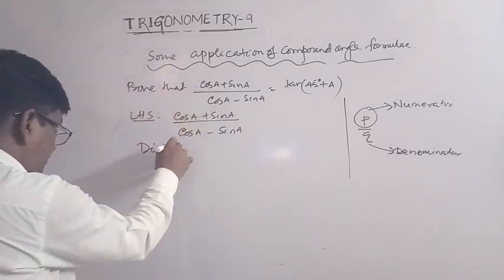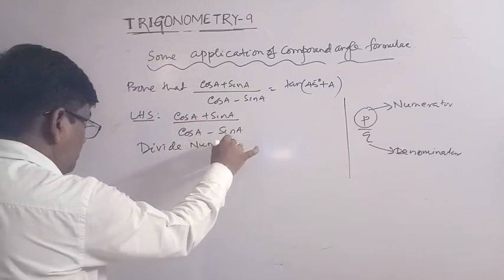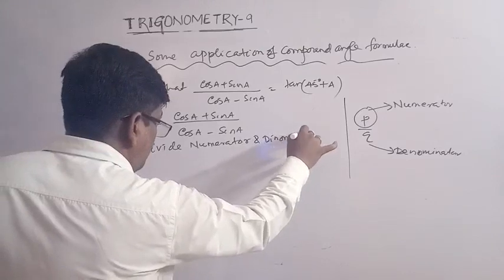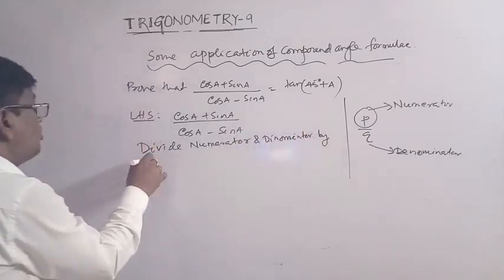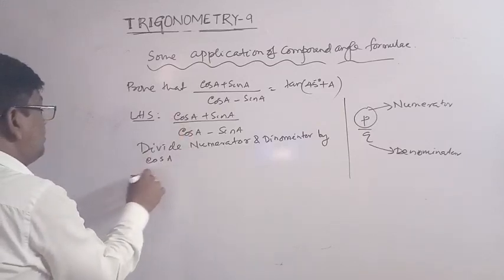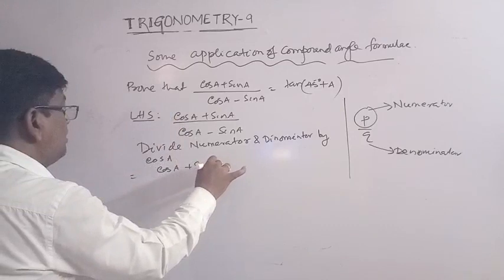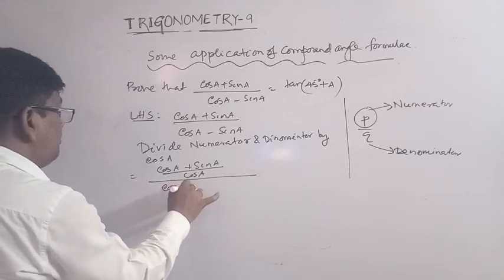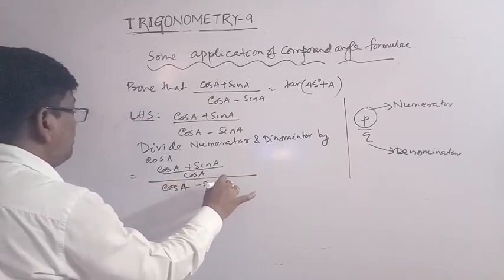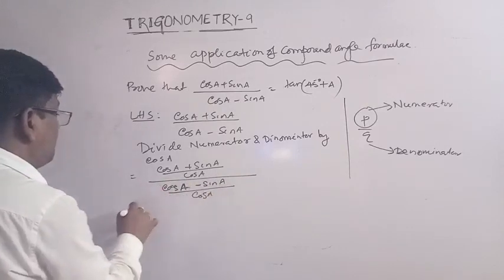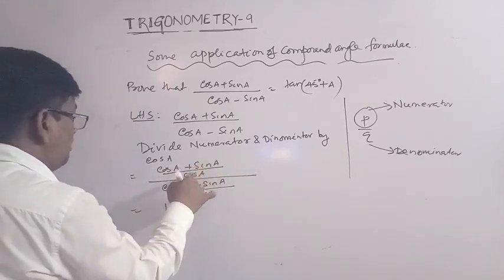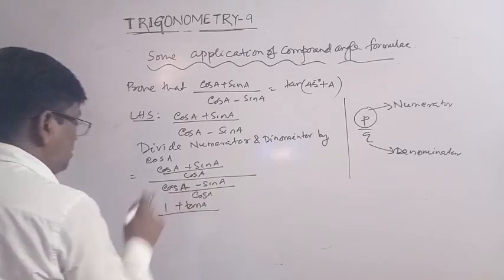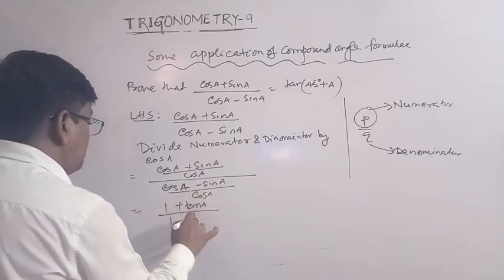So divide numerator and denominator by cos A. So here (cos A plus sin A) divided by cos A, and also (cos A minus sin A) divided by cos A. Separate this: cos A by cos A is 1, sin A by cos A is tan A. So this is (1 plus tan A) divided by (1 minus tan A).